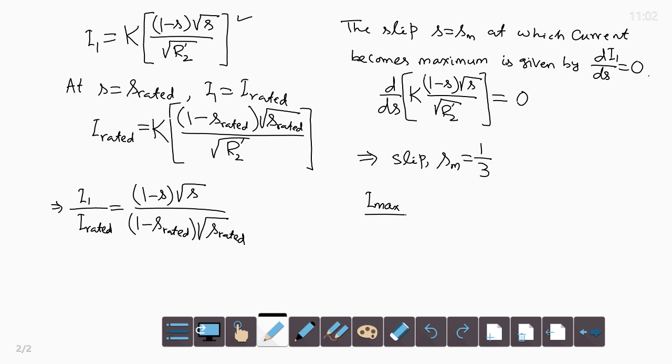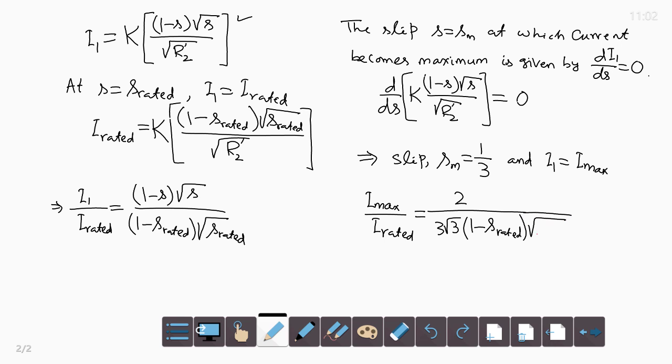With this, I max by I rated, the maximum current, when I1 equals I maximum, is 2 divided by 3 into root 3, divided by (1 minus s rated) into root over of s rated.